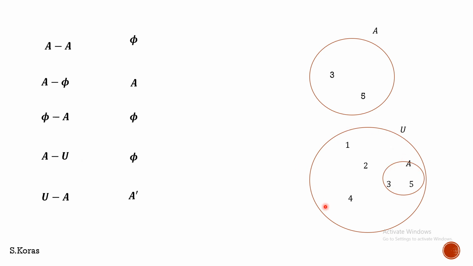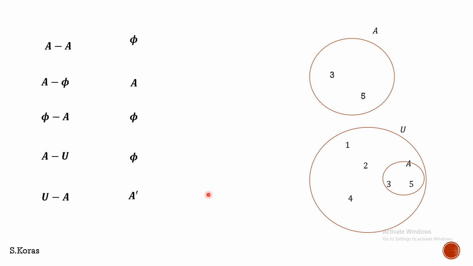This is our universal set. From this A set, if you try to remove the universal set, because the universal set is the whole thing, then if you remove the whole thing from A, nothing will be left with A. So A difference universal set is the empty set.